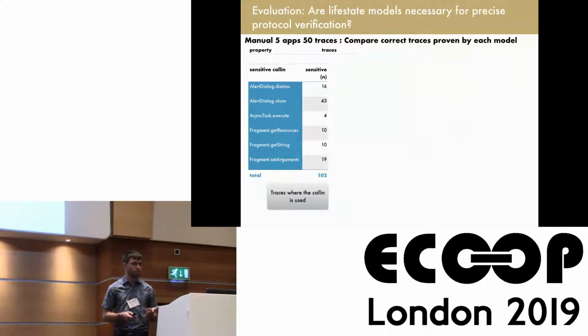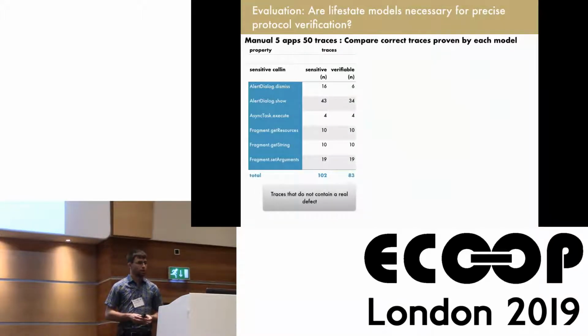So there's 102 total, but we have an individual number for each of these. We look at the number of traces that are verifiable, which means that they don't contain a real defect, because several of the applications did misuse these.